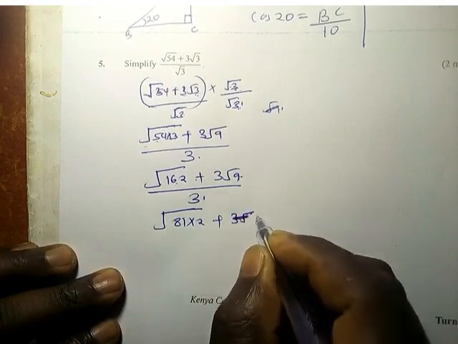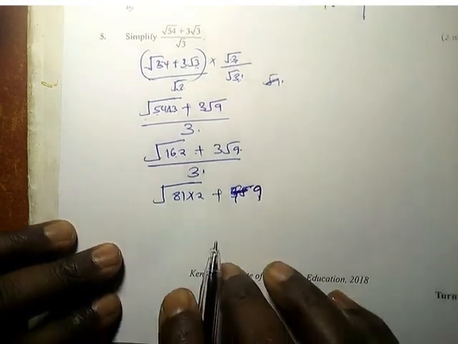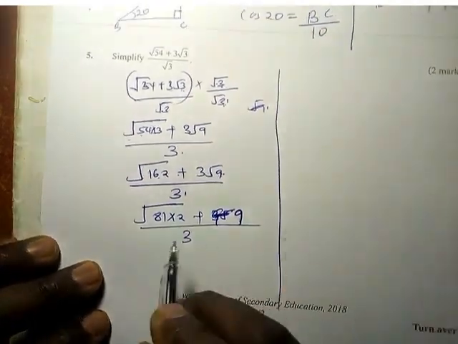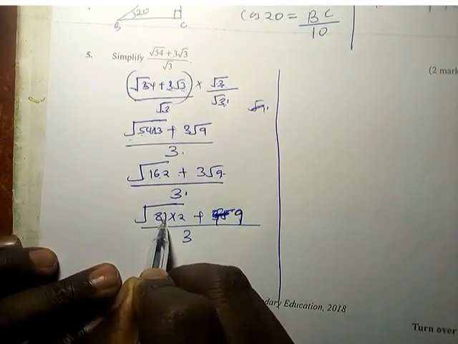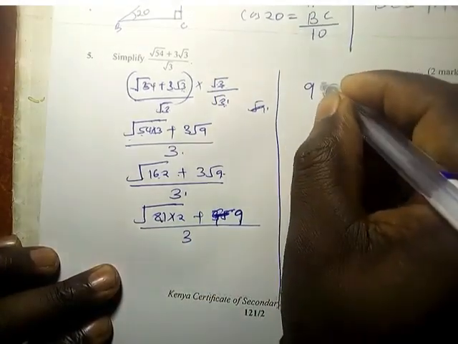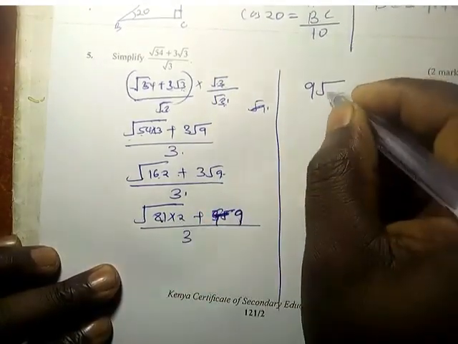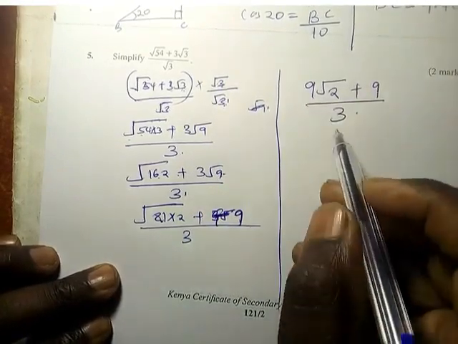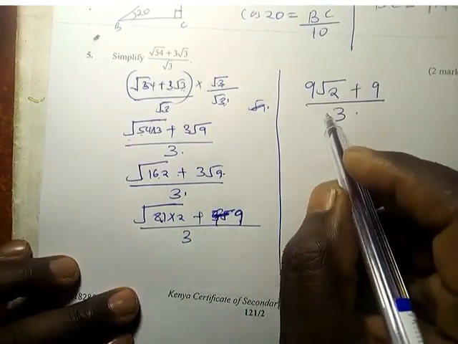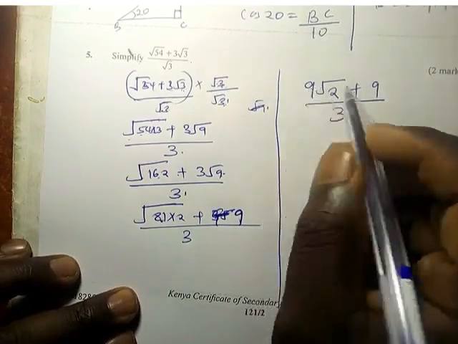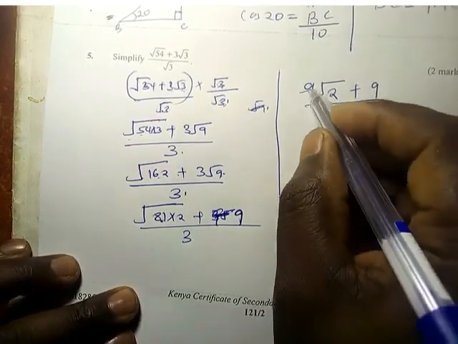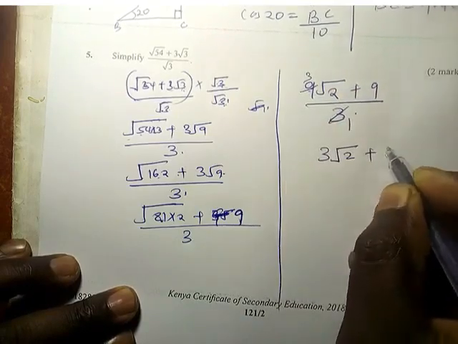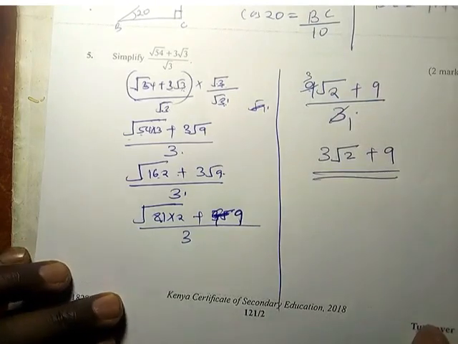This one is going to be 9 actually. Then divide by 3. Now the square root of 81 is 9, so we will have 9 root 2 plus 9 over 3. So 3 can cancel with this one. 3 can go here once, here 3. So we will have 3 root 2 plus 9. That's the final answer.